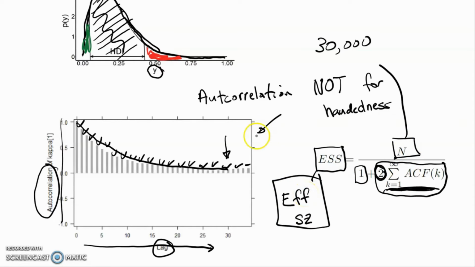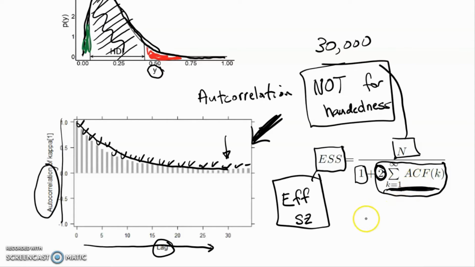Now again, to stress, this figure here is not for the handedness study. In fact, what happens with the handedness study is that the data are so simple that under some circumstances the autocorrelation might actually be negative.